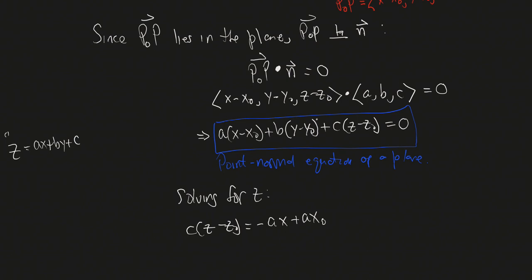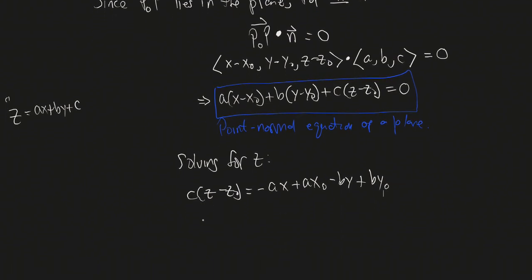Same thing for the term with the y, so I'll have minus by, and then plus by0, right? And then since I'm trying to isolate the z, I would divide through by c, and once I do that, I'm assuming that c is not 0. So if c is not 0, then we have z minus z0 is equal to all of this divided by c.